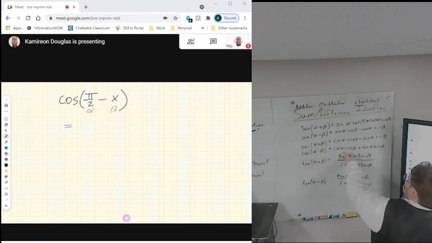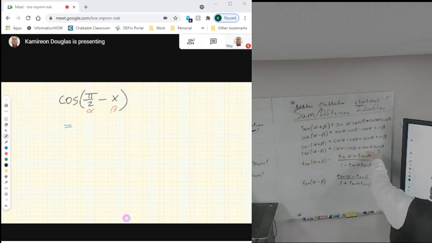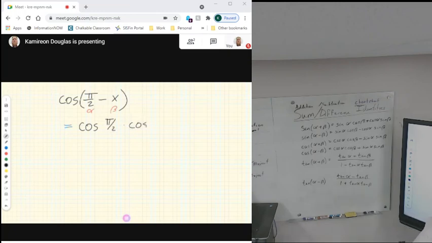It says cosine alpha, cosine beta, plus sine alpha, sine beta. So cosine pi over 2, times cosine x, plus sine pi over 2, times sine x.